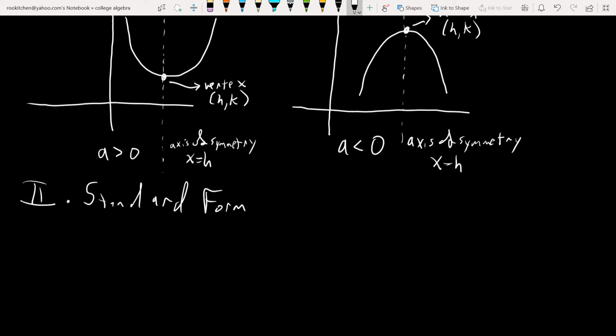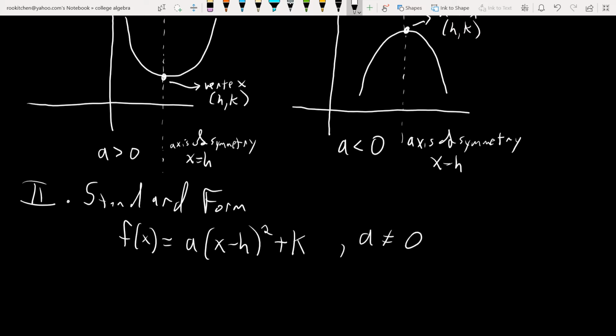So anyways, let's look at this thing they're calling the standard form of the quadratic. The advantage of this form, and why I used to call it vertex form, is that you can read the vertex directly off of the equation for the function. Clearly a cannot be 0, it would just be a horizontal line.